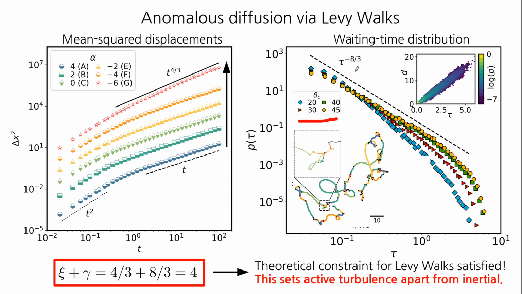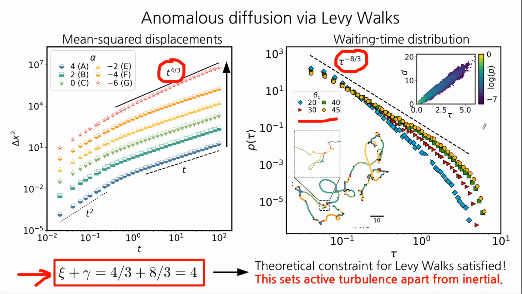What you see is that the waiting time tau follows a power law distribution. Most importantly, it has an exponent of 8/3, which together with the 4/3 from the anomalous diffusion is consistent with the constraint for Lévy walks, which is given here below, that z plus gamma is equal to 4.